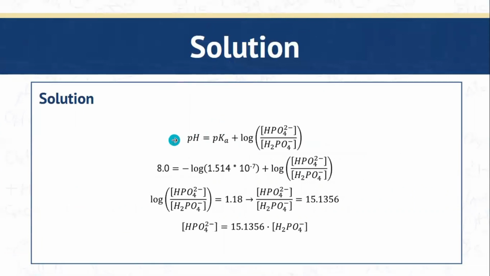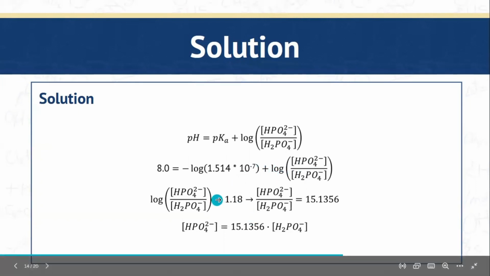So here I use the Henderson-Hasselbalch equation. We're given that pH is equal to 8. And since we're given the Ka value, we use the definition of the pKa. The pKa is equal to the negative log of the Ka value. We can solve for the logarithmic term, and the logarithmic term is equal to 1.18.